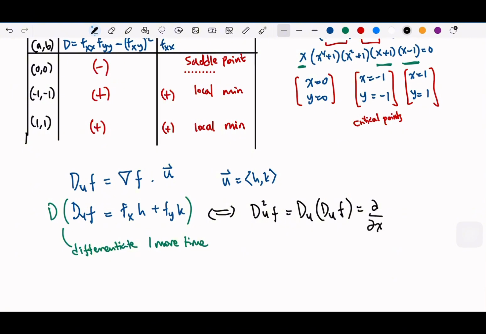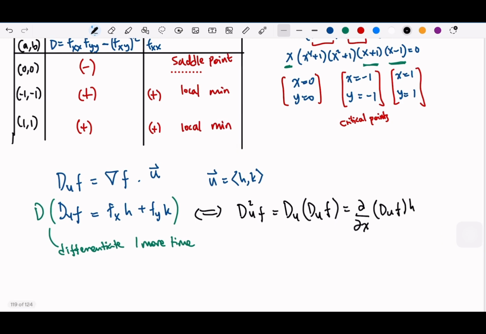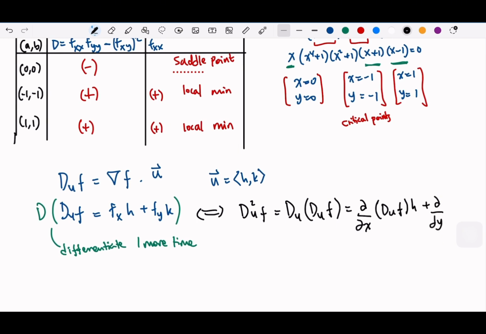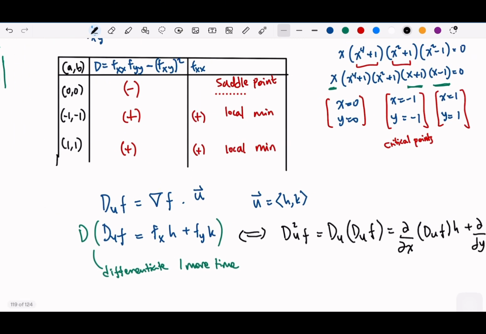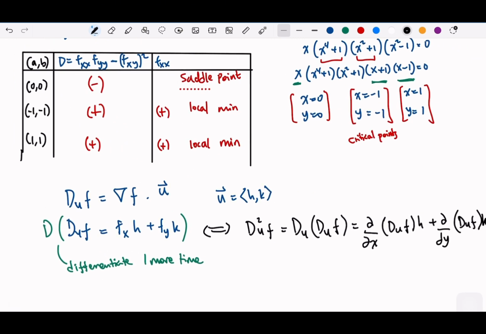This will give you partial x of D_u f times h plus partial y of D_u f times k. And if you solve this, you will get the partial xx, partial xy and everything here, and you will get the connection to our D. I don't think we have time for that, so I will leave it as it is.